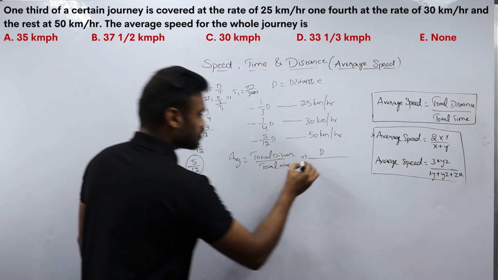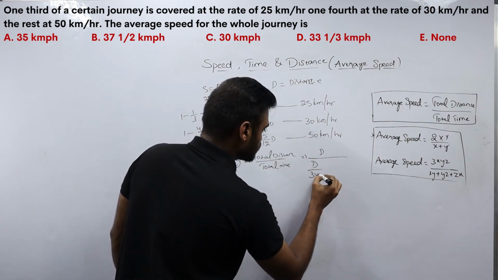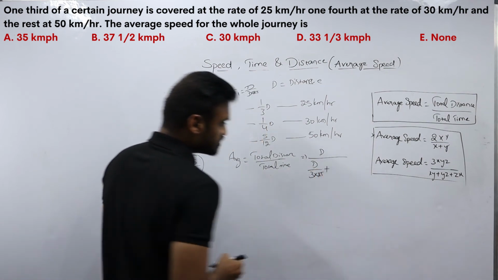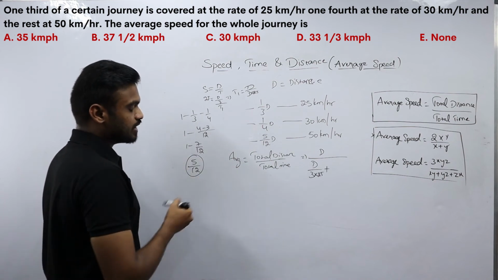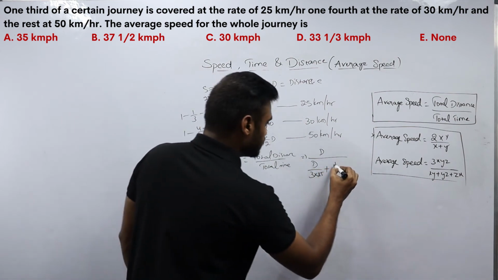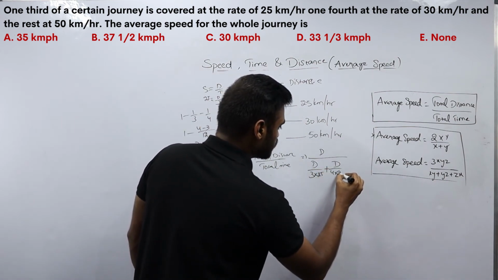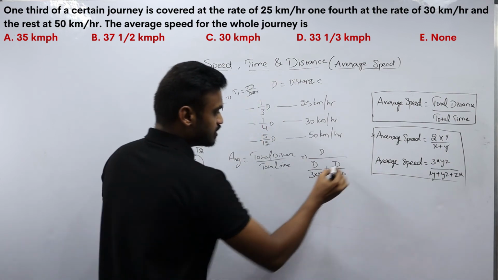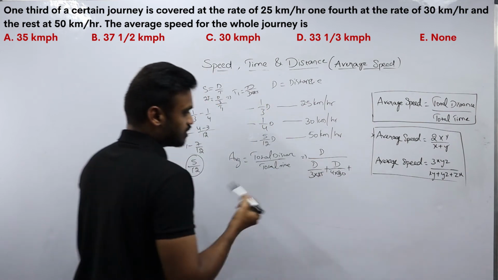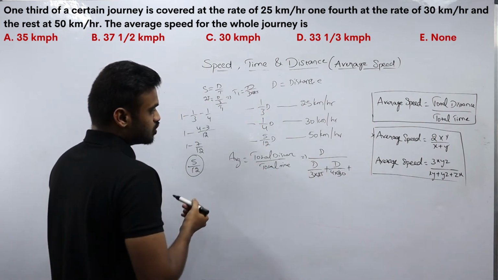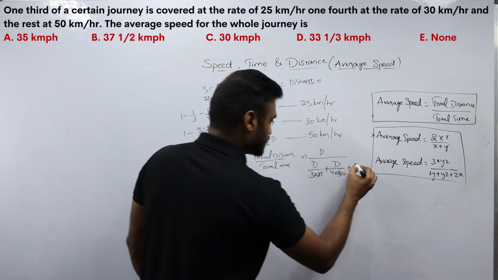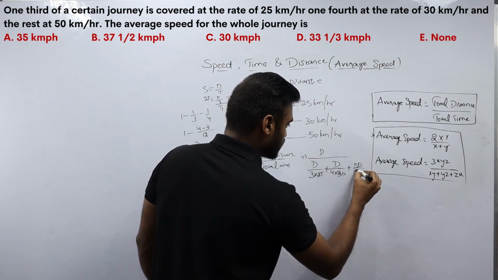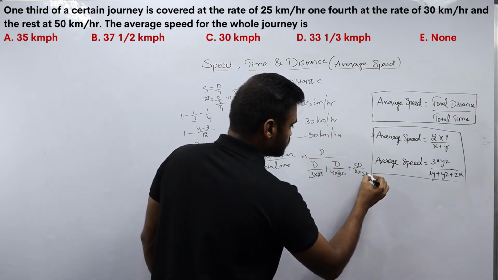In the same way, in the second case the time taken is d by 4 into 30 kilometers. In the third case the distance is 5d by 12, so the time is 5d by 12 into 50 kilometers.